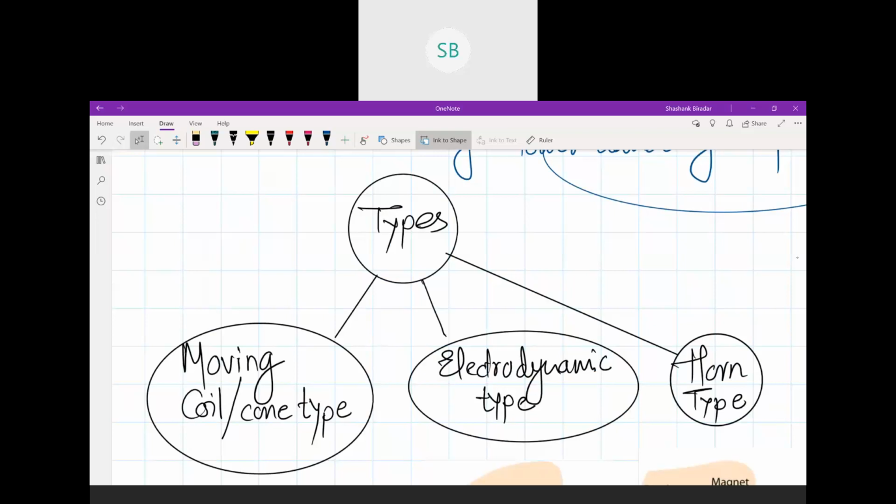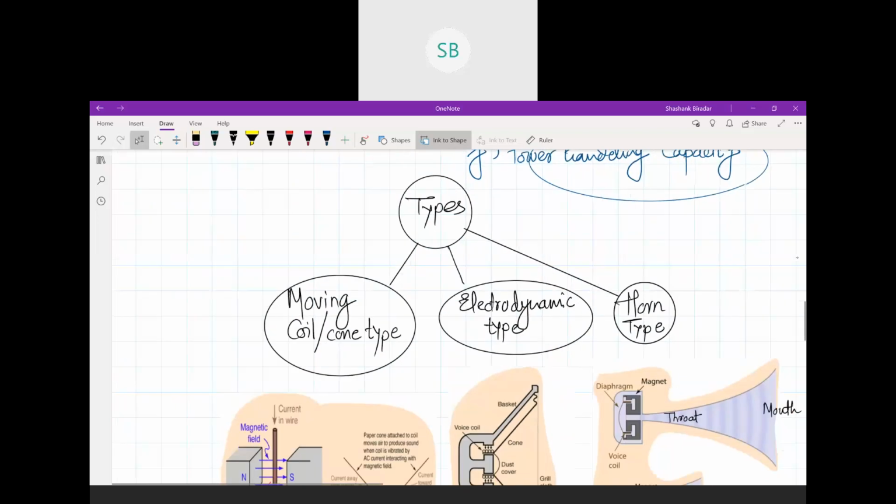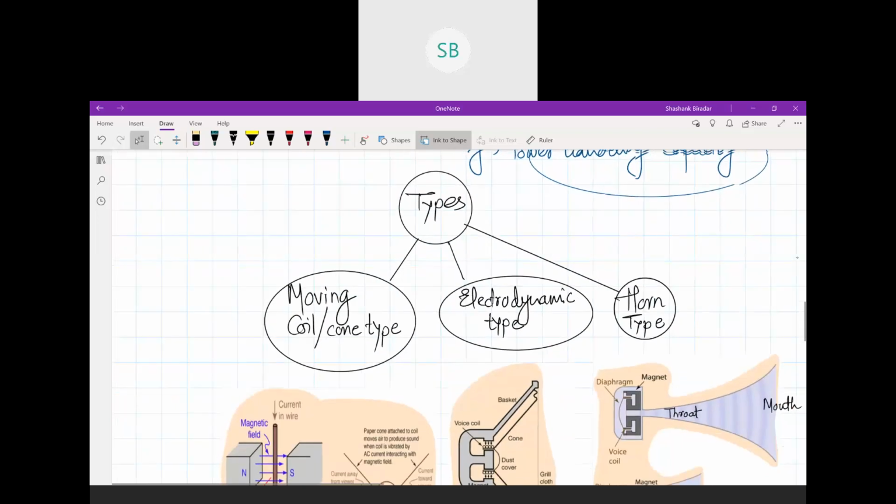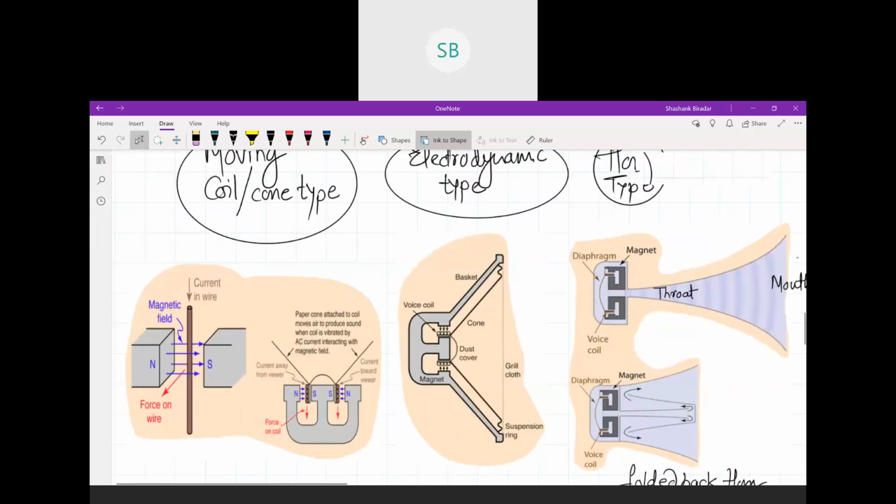Let us see a brief review of these loudspeakers with reference to principle of operation and characteristics. So coming to the moving coil type or cone type.